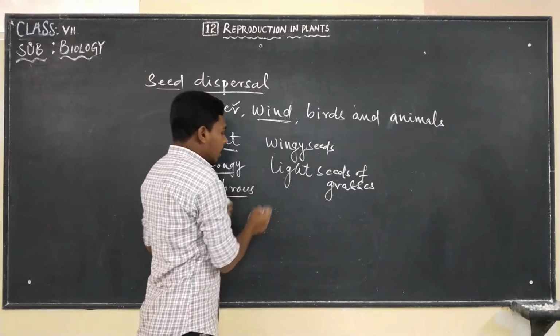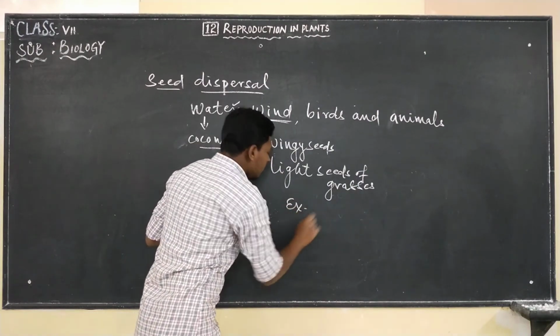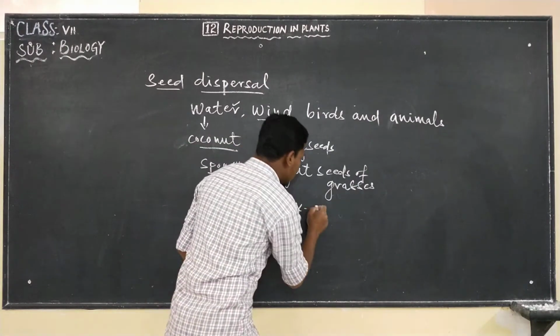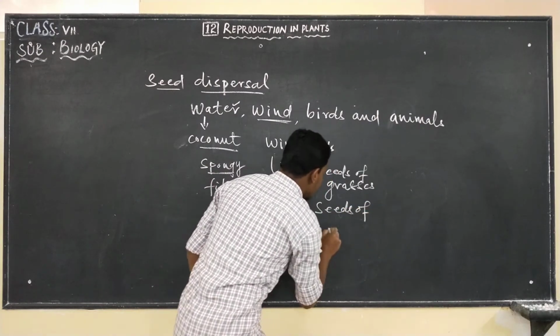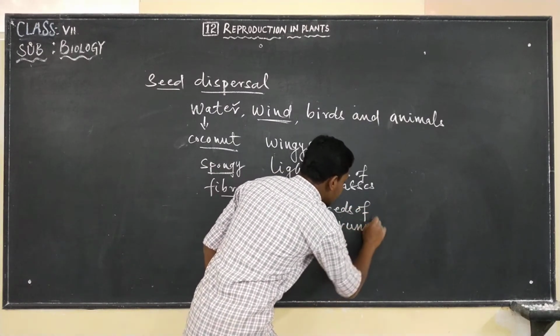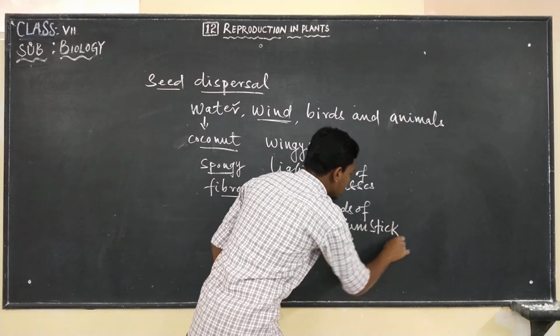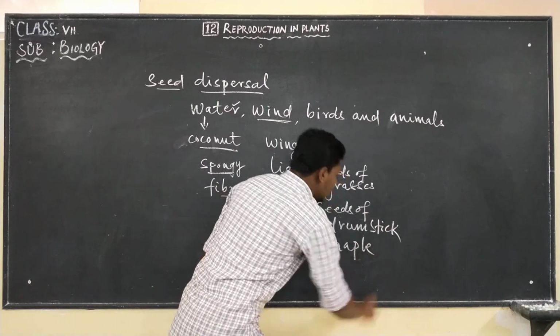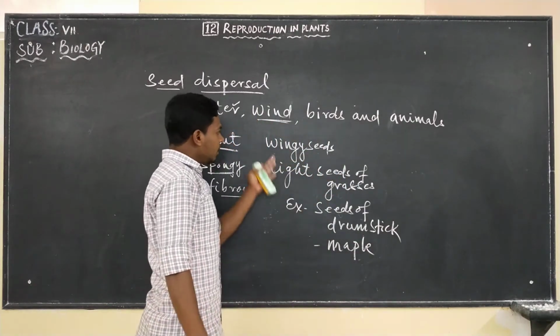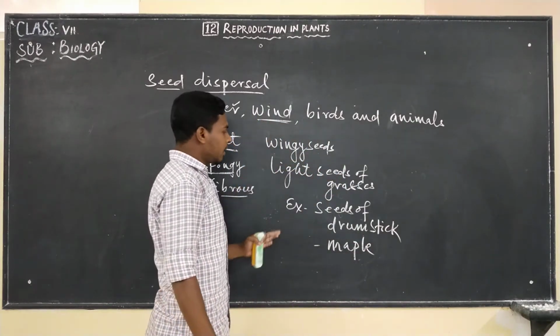For example, the seeds of drumstick and seeds of maple can be carried by wind.